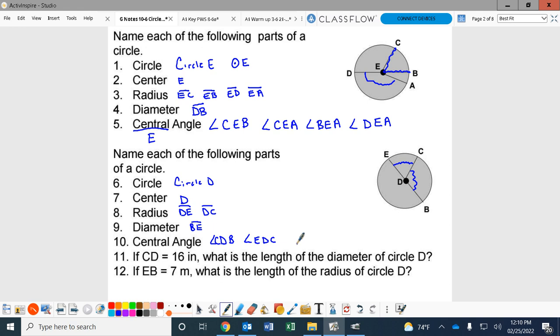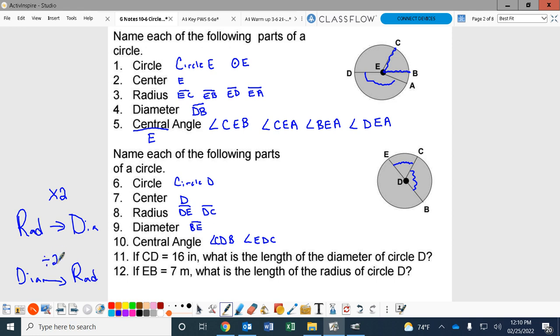Okay, guys, the next two things we're going to talk about: if you have a radius and you want to get to a diameter, what do you do? Multiply by 2. If you have a diameter and you want to go to a radius, what do you do?